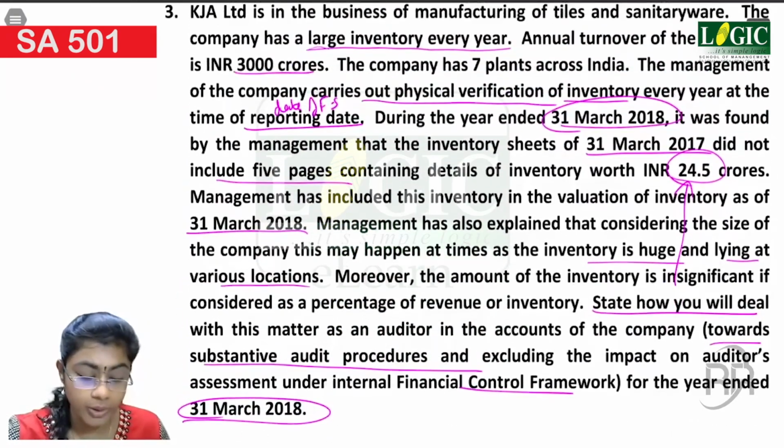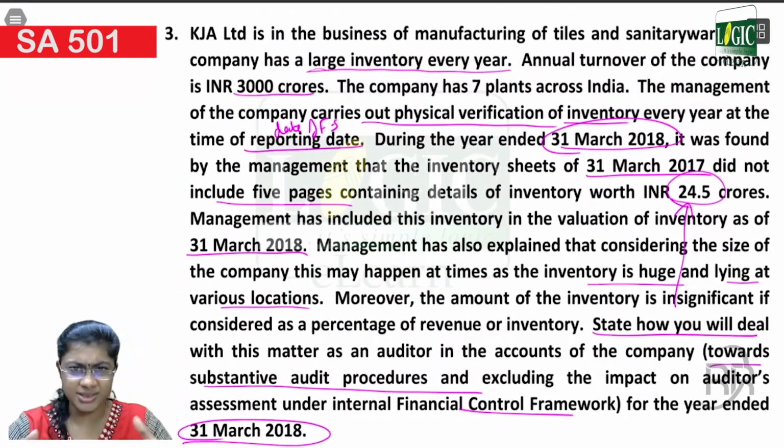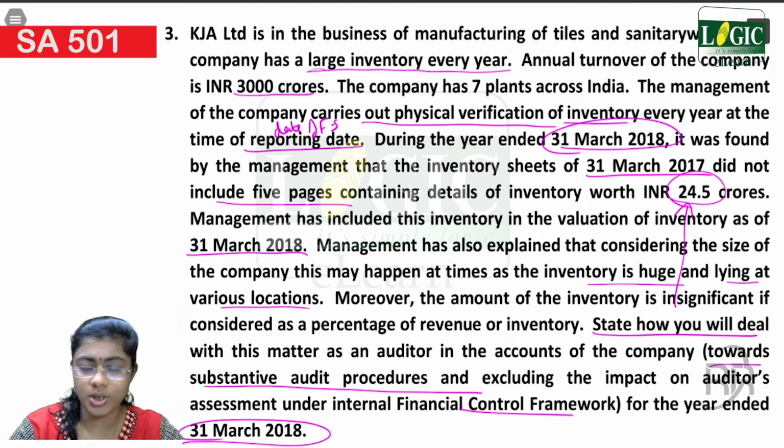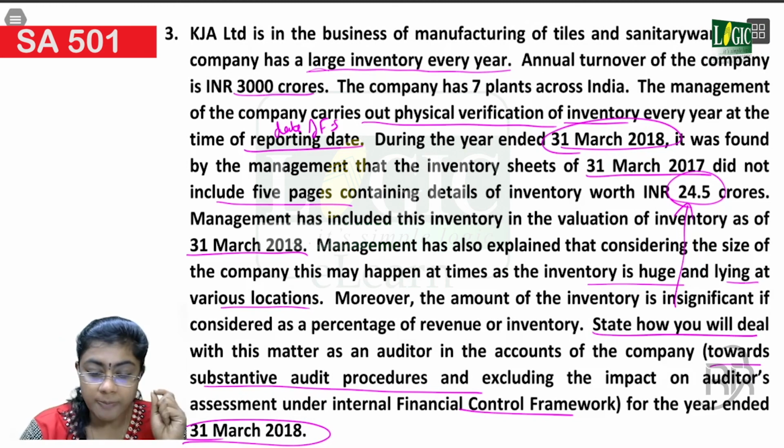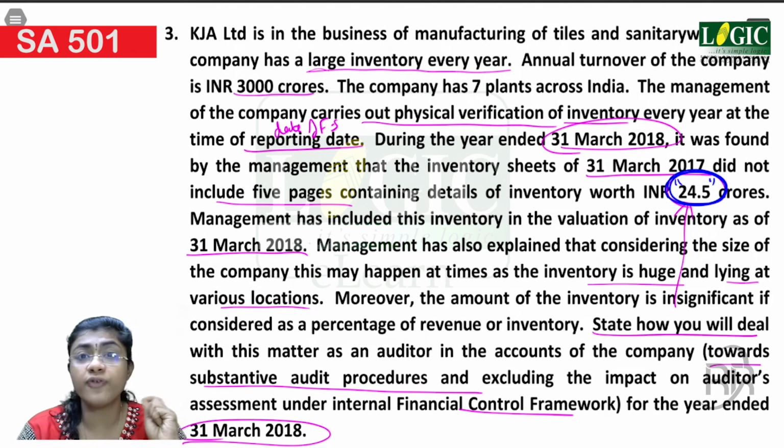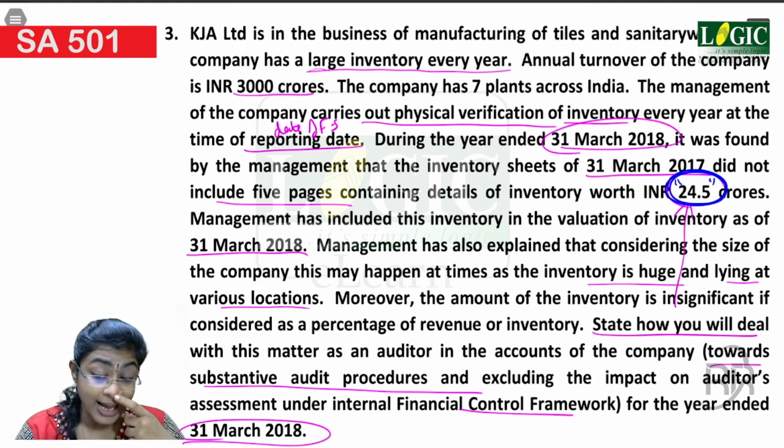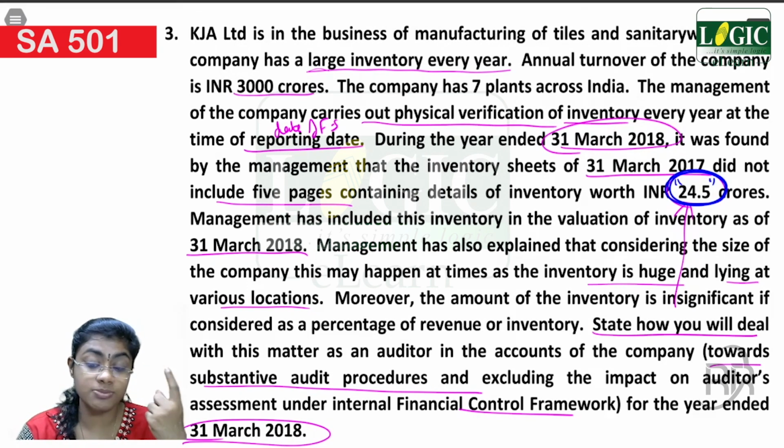Before going on to the option, let us discuss and come to a conclusion. Then we'll go on to the options. See, the issue of leaving off 24.5 crores inventory has taken place on 31st March 17.